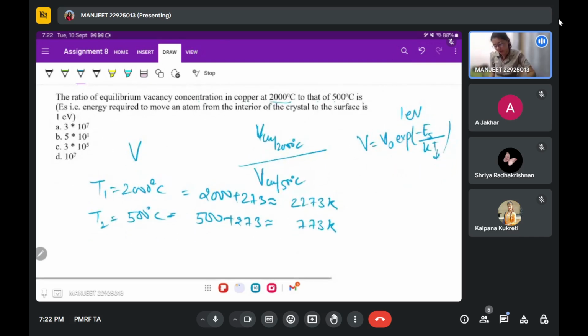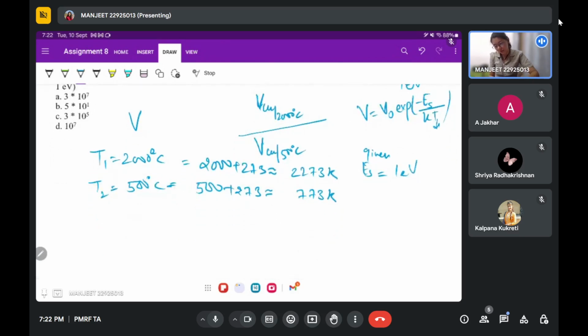Okay, and Es is given, it is 1 electron volt. K is a constant value, and because the energy is given in electron volts, K is 8.61 into 10 raised to power minus 5 electron volt per Kelvin.